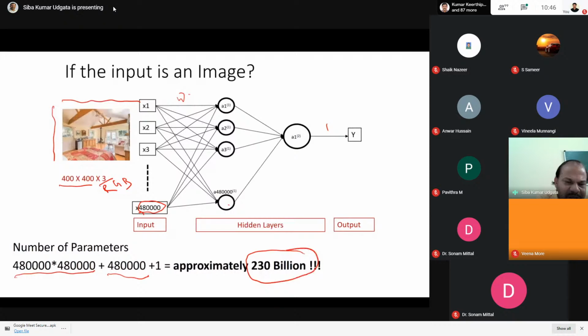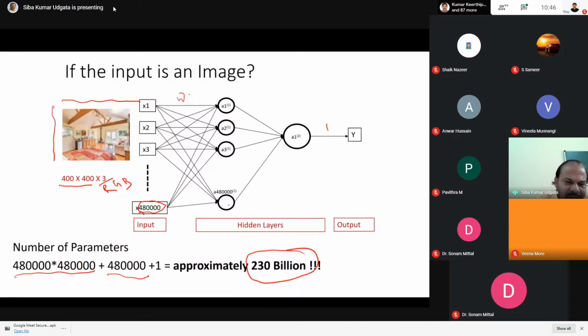Now the next thing is that we cannot have as many hidden neurons as there are inputs. That is also not desirable. So what do you do? Suppose out of 4,80,000, you make it only 1,000 neurons. 1, 2, 3, 4 up to 1,000. So what will happen? 4,80,000 inputs multiplied by 1,000. So these many weights are there in the first layer.